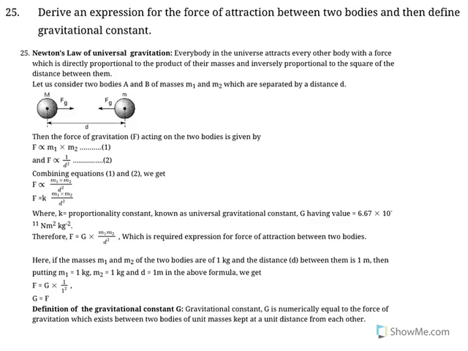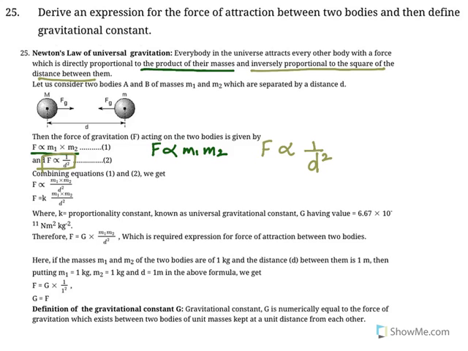It was given to us that the force is proportional to the product of the masses. So F is proportional to m1 m2, and it is also inversely proportional to the square of the distance between them, so d square comes down.